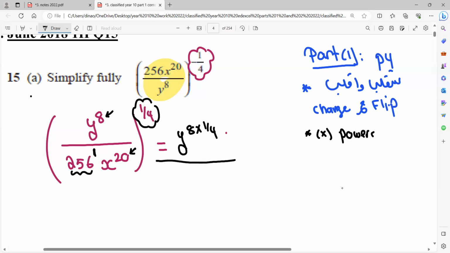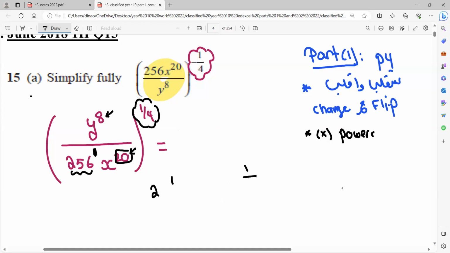Multiply the power of the y with the power outside. 256 multiply the power with the power outside. لأنه بقى الcommon mistake الرهيبة بتاعة 256 times 1 على 4 دي. لا هي مش 256 times 1 على 4. هي 256 power 1 على 4. And then x, take the power of the x and multiply by the power outside.